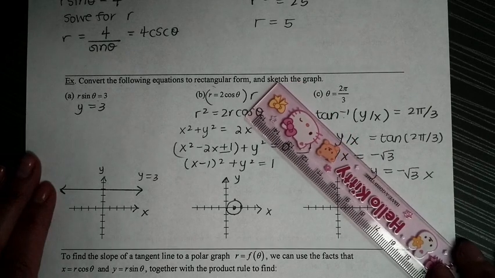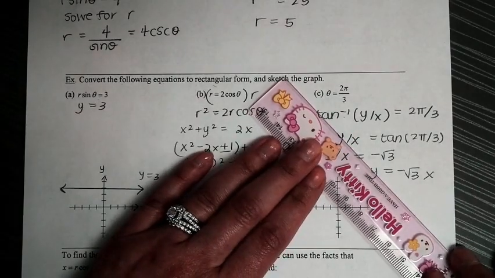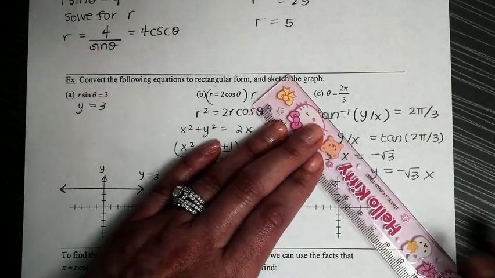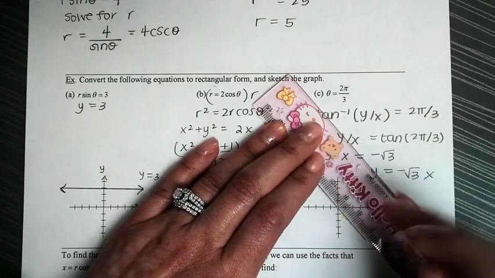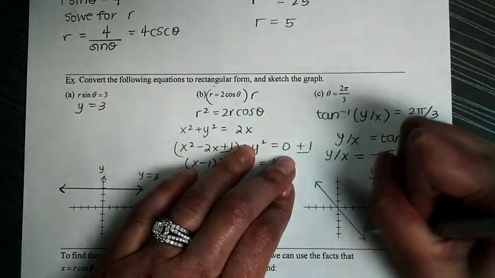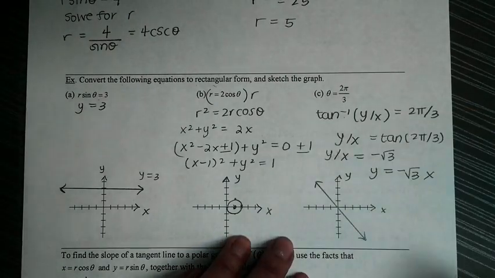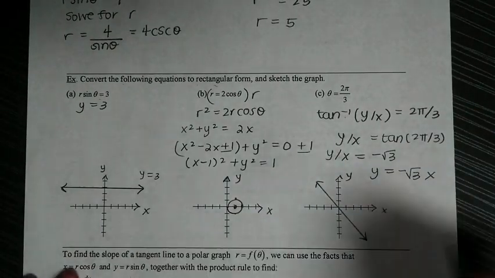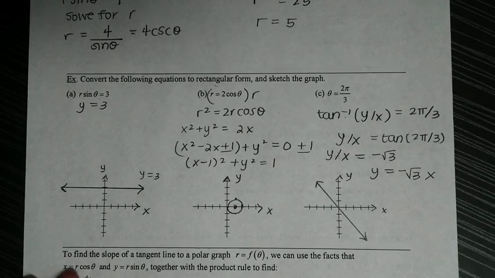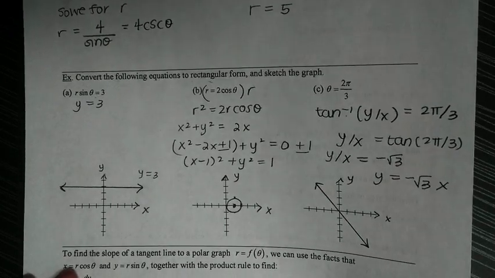So here, guesstimating, it's a little bit steeper than 1. So that's my guesstimation, I know that it's not perfect, this line, but it's something like this, so your equation should look something like this. Happy? So you can see that each one of those has different tricks.